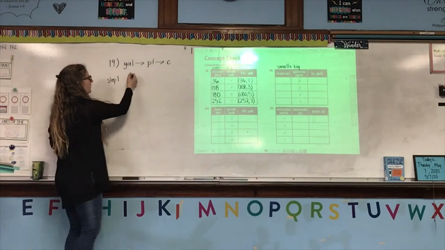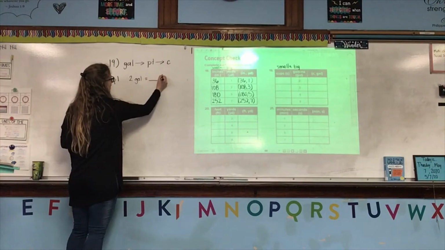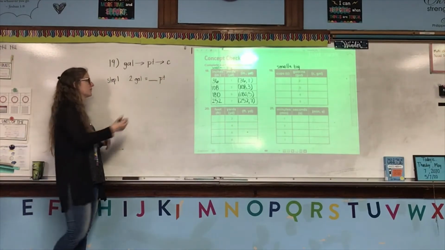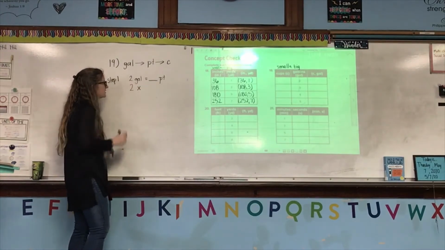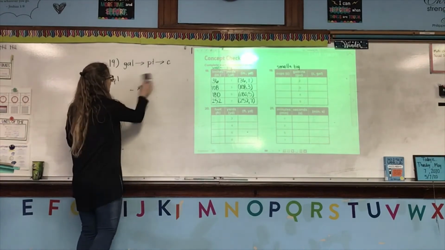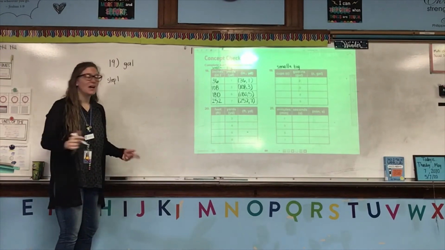So, step 1 is I know I have 2 gallons and I need to figure out how many pints are in 2 gallons. Well, I know I'm going from big to small, so I'm going to multiply. I start with what I know, which is 2 gallons, and I multiply it by the number of pints. Oh, oops. I'm sorry. I completely messed that up because I forgot about quarts.